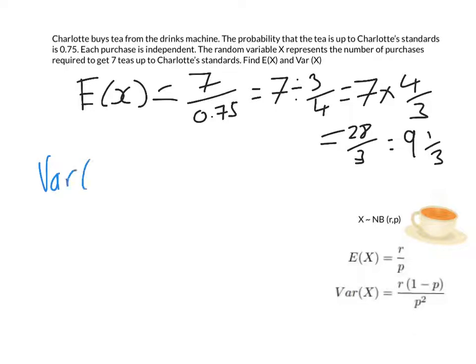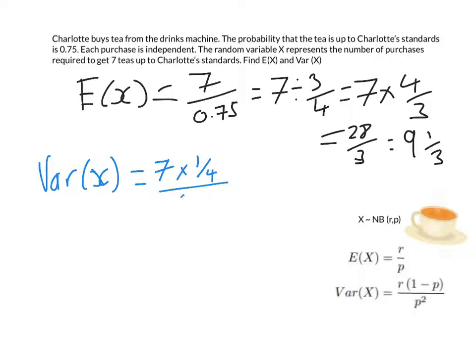Let's have a look at the variance of X. So that's going to be r times (1 minus p) over p squared. So r is 7, 1 minus p is 0.25. I'm going to do this without a calculator, so I want a fraction. 7 times 1 over 4, over p squared.